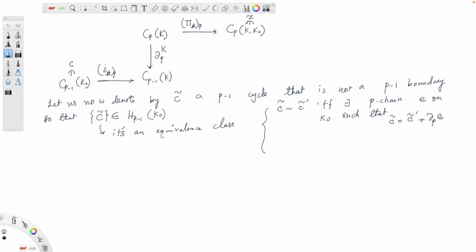Okay. So if there is a relationship like this between c tilde and c tilde prime, we declare that c tilde and c tilde prime are equivalent. And so under this equivalence relation, we have a bunch of equivalence classes, and so c tilde is one such class.